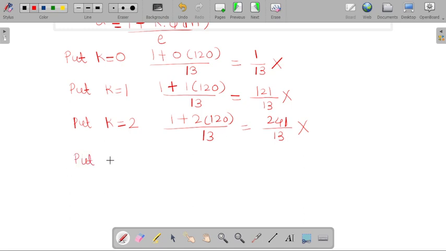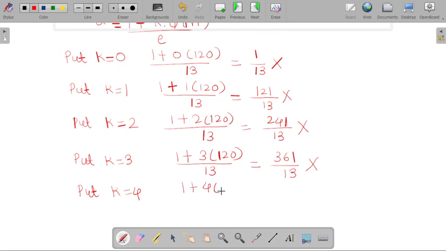Put K is equal to 3. So 1 plus 3 into 120 divided by 13, and we get 361 divided by 13. This iteration is also not considerable because we got a fractional value. So put K is equal to 4. So 1 plus 4 into 120 divided by 13, and we get 481 divided by 13, which is equal to 37.